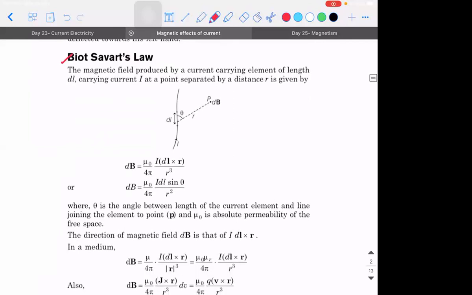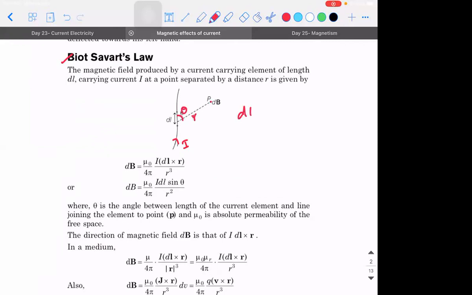Okay, so what does this Biot-Savart law speak about? When you have a current carrying conductor, when current is flowing, due to a small current carrying element, there will be a small magnetic field produced at a point P, which is at a distance r from the current carrying element, and it makes an angle theta with the current carrying element.